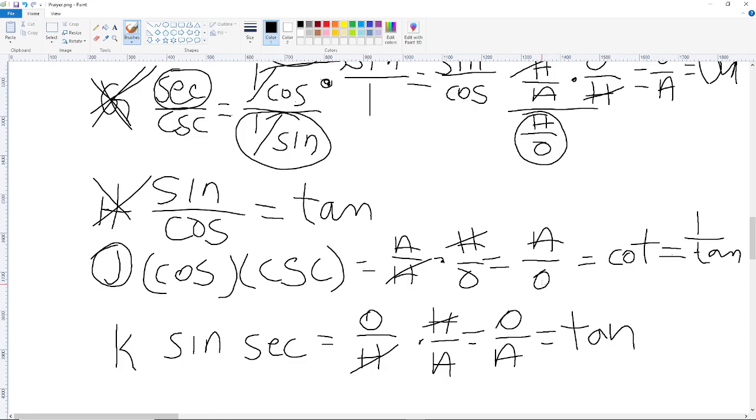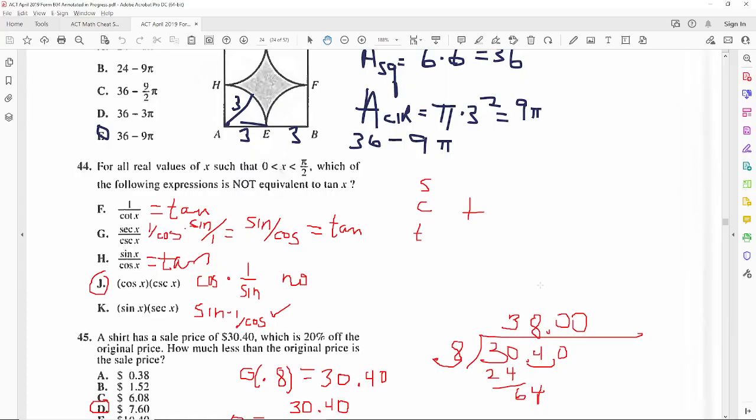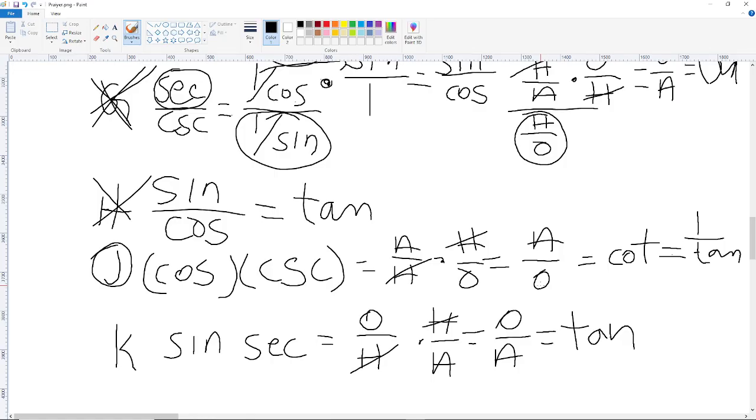Another way you could have done this is pick an angle between 0 and pi over 2. You can set your calculator, if you have a TI-83 or TI-84, into radians mode, and then pick a value between 0 and pi over 2, like pi over 4. Well, maybe you don't know radians, but you know pi over 2 is 90. So pick a number between 0 and 90.